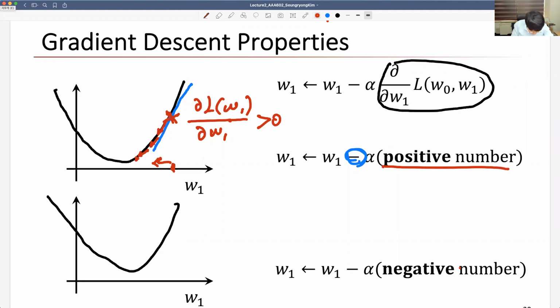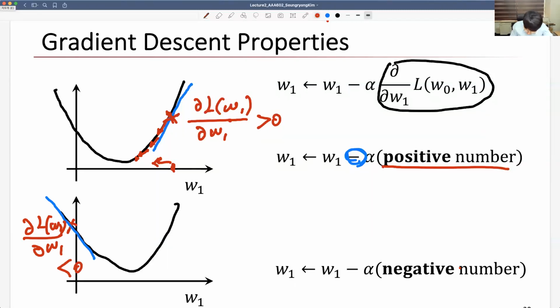Then what about the second case? If we are here, the tangent of this function looks like this one, right? So in this case, the loss gradient with respect to W1 is negative, right?